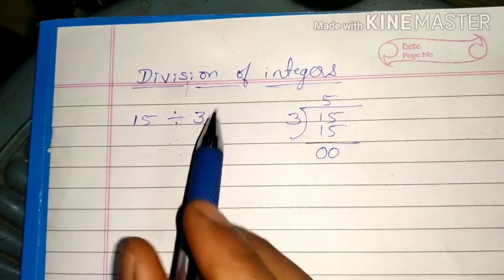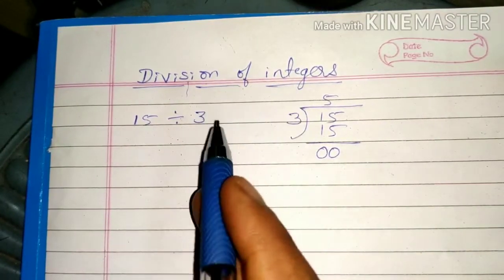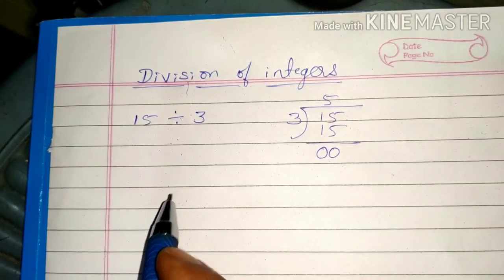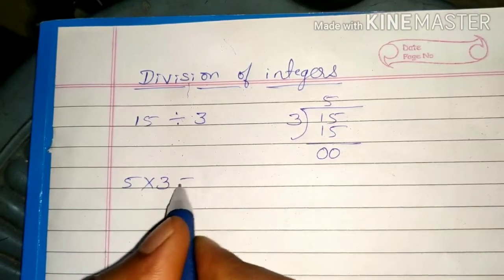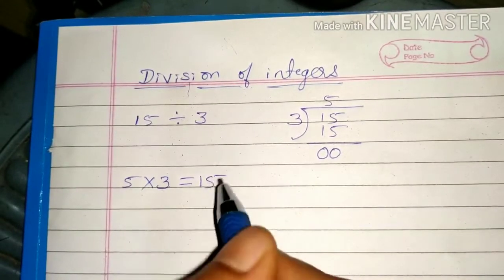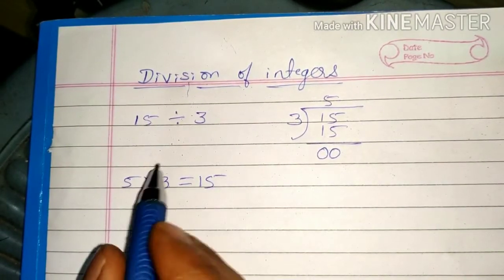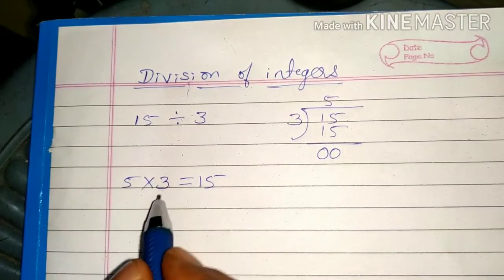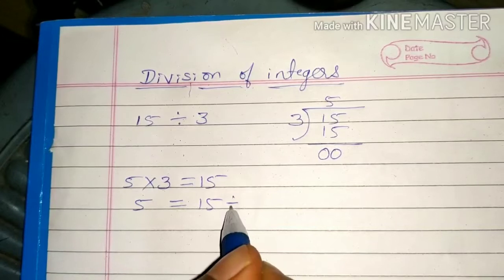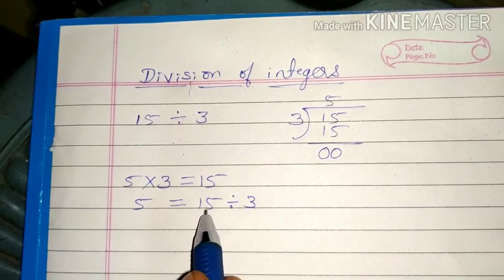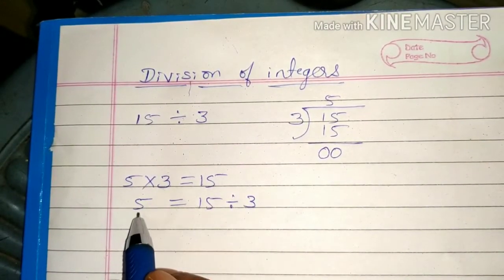Division of integers is nothing but the inverse process of multiplication. Suppose you consider 5 into 3, definitely it is equal to 15. This multiplication can also be written in the form 5 equals 15 divided by 3. So when you divide 15 by 3, you get 5.